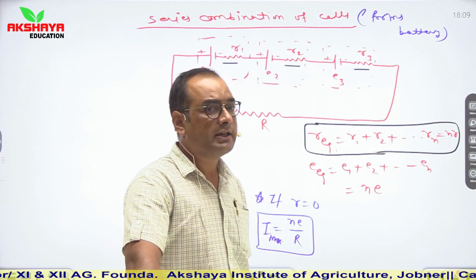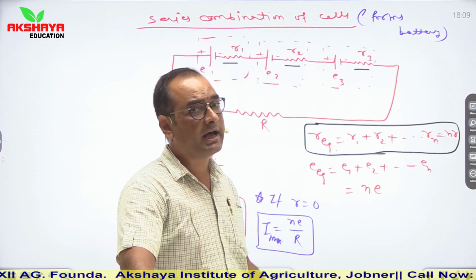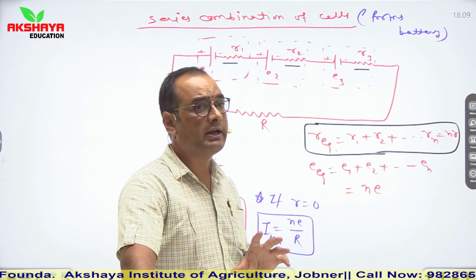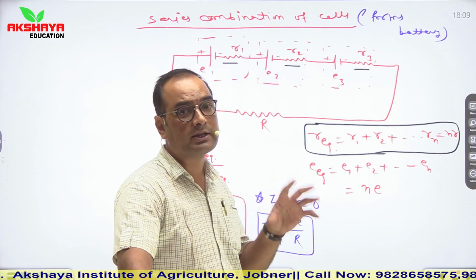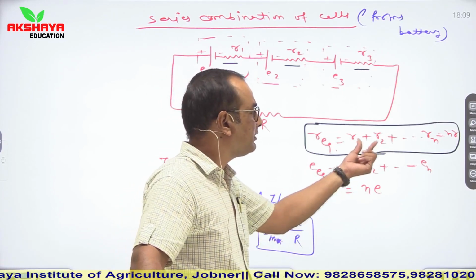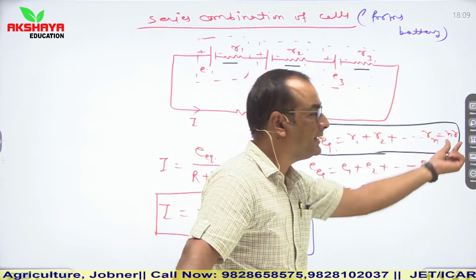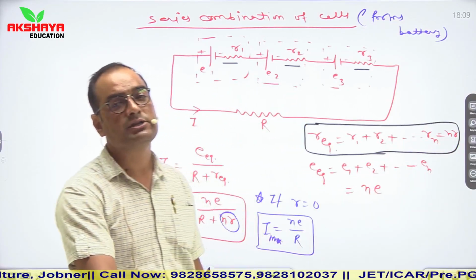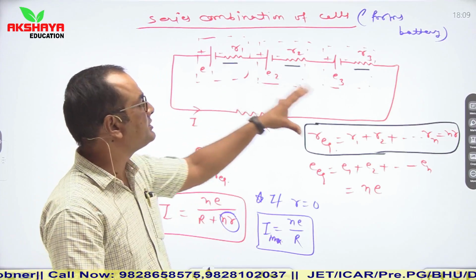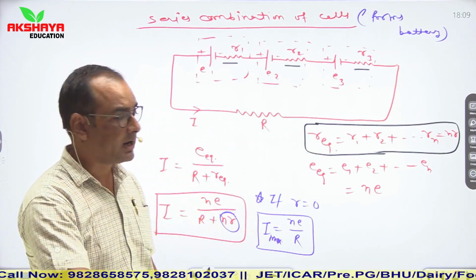And if all the electric cells have similar values of internal resistances, it means if r1, r2 all resistors are equal, then it is equal to n into r. Equivalent resistance of this series combination is now n into r.